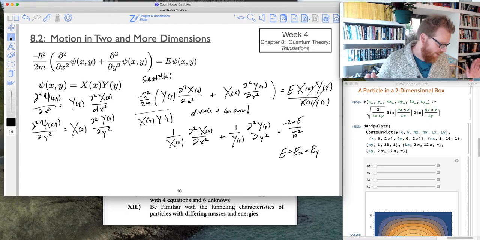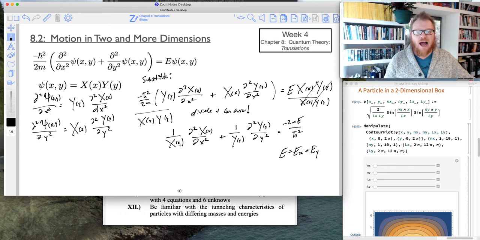So this is where I'm going to do my separation of variables technique, okay? Because I know if I just looked at the two separated situations, it's negative h bar squared over 2m times my second derivative in x, which equals ex times x.